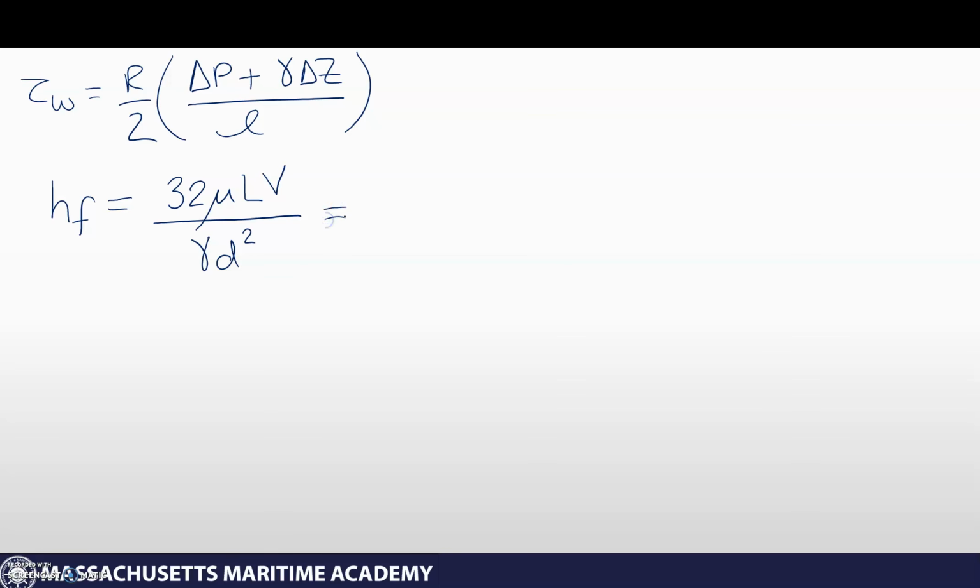Now if I wanted this in flow rate, I can do that, because I just take that velocity, replace that velocity by Q over A, rebalance all the numbers, and that'll also be 128 mu L Q divided by rho pi d to the 4th.